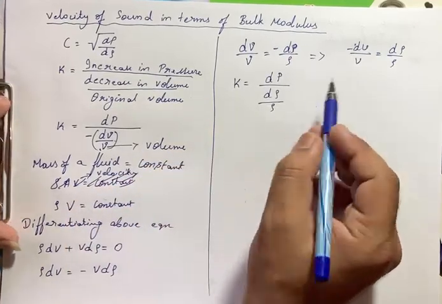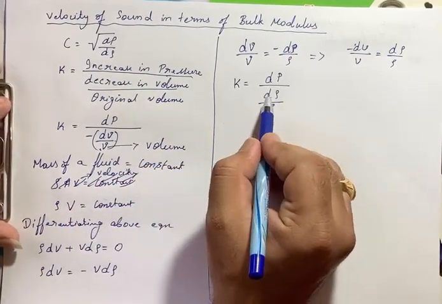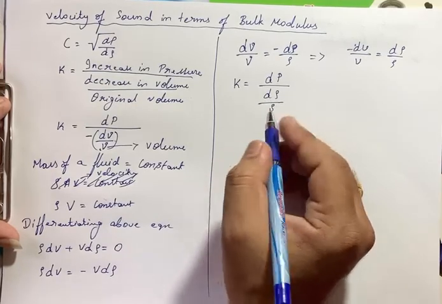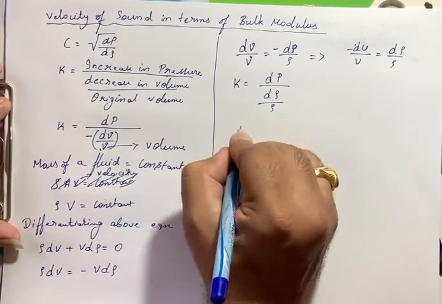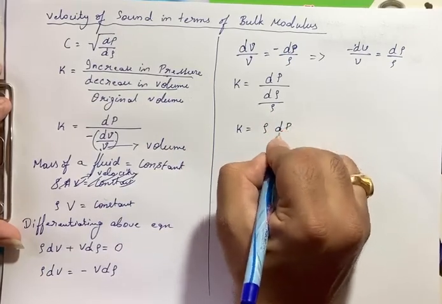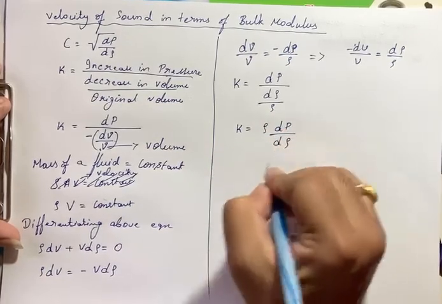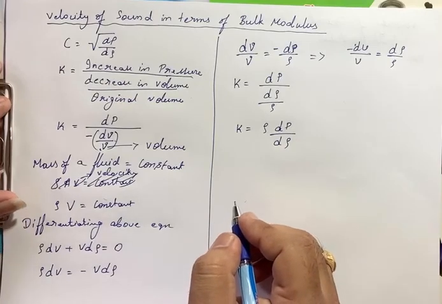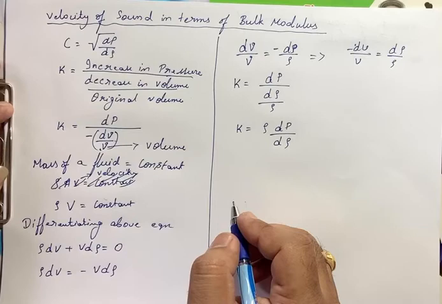So I got K is equal to dP by d rho by rho, or else I can write this as K is equal to rho into dP divided by d rho, right?